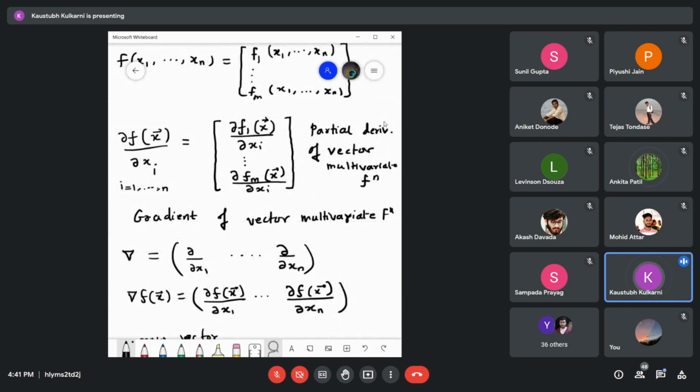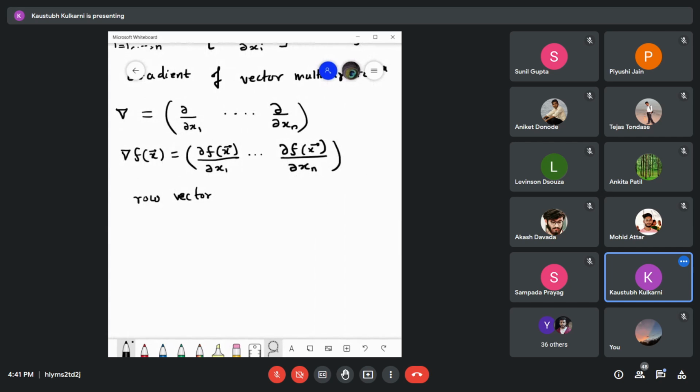If I substitute the partial derivative of the vector multivariate function into this definition, then my gradient will become this matrix, which is dou f1 by dou x1 and so on.